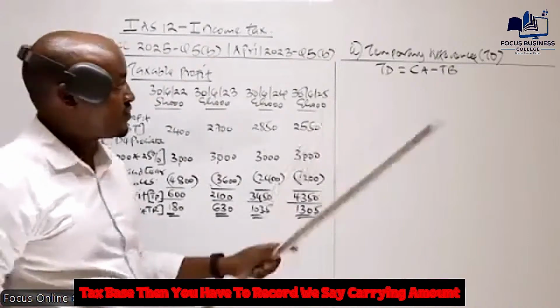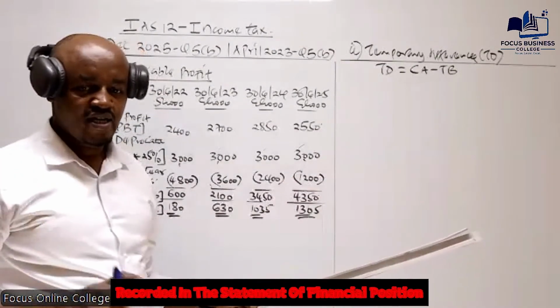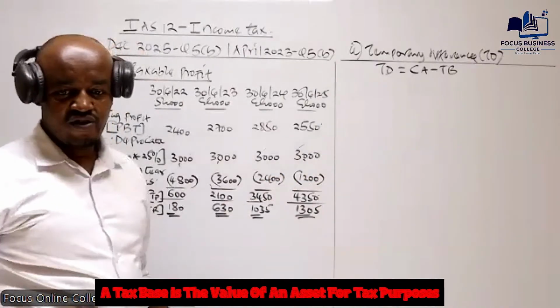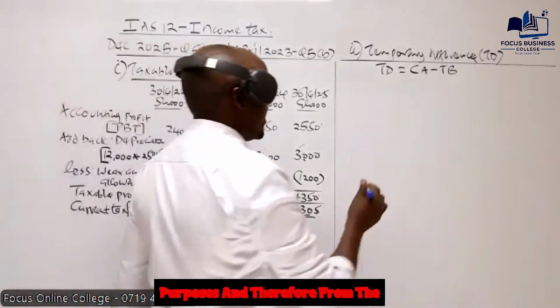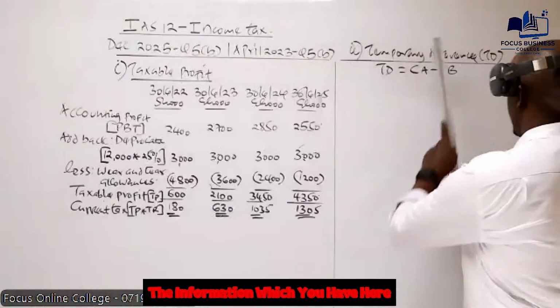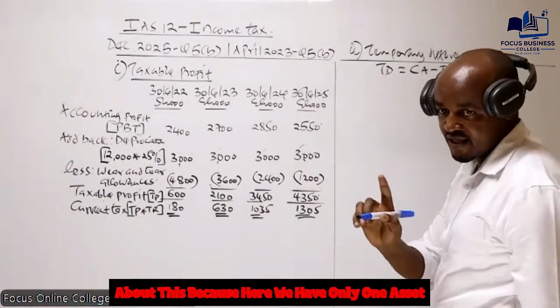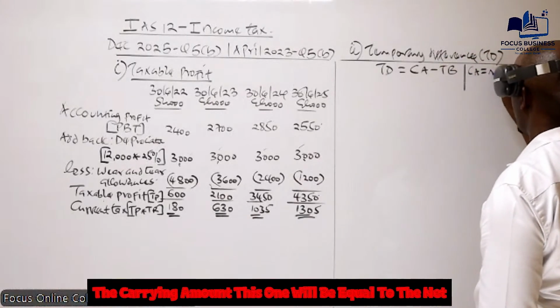Then you have to recall we said carrying amount is the value at which an asset is recorded in the statement of financial position. A tax base is the value of an asset for tax purposes. From the information here, because we have only one asset, the carrying amount will be equal to the net book value.